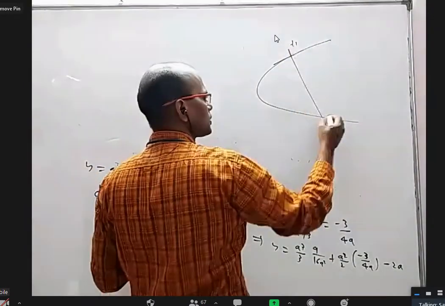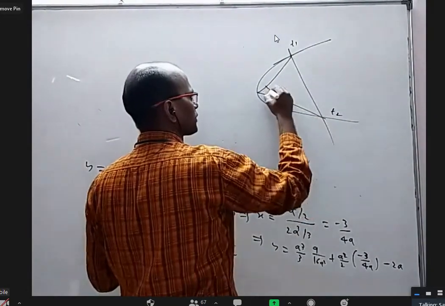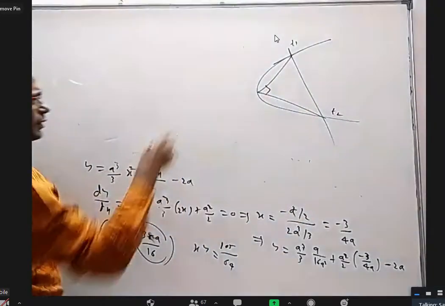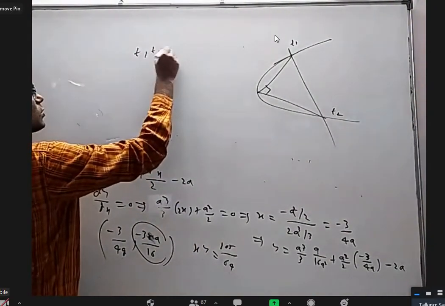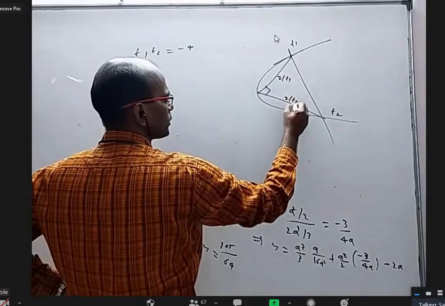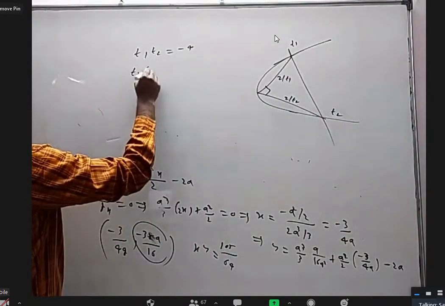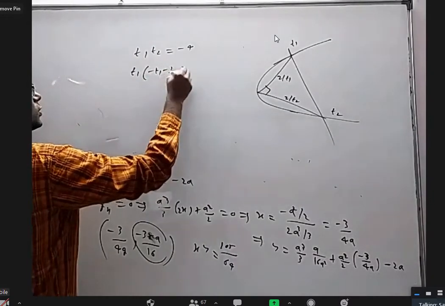If this is T1 and this is T2, it should subtend 90 degrees at the vertex. If something subtends 90 degrees at the vertex, we know T1 T2 equal to minus 4, because this slope is 2 by T1, this slope is 2 by T2 and the product of the slopes is minus 1. But in the place of T2, I can write minus T1 minus 2 by T1.